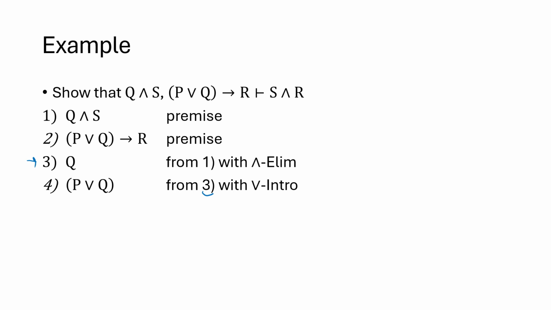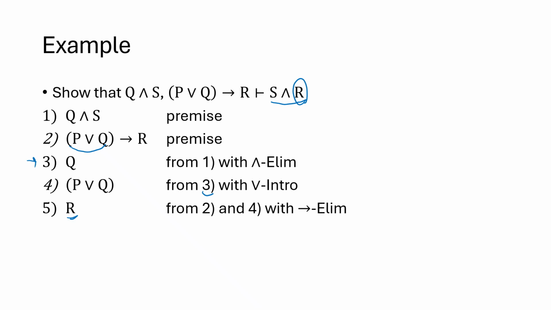Now, you might say, why P or Q? Because P or Q is here, and if I have P or Q, then from lines 4 and 2, using arrow elimination, I can get R. And that's exactly what we do on the next line. So from 2 and 4, using arrow elimination, we infer R. Now, our goal is to prove S and R. I have half of it at the moment. I have R here.